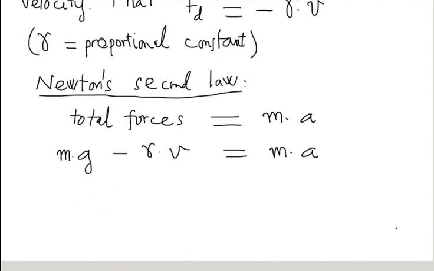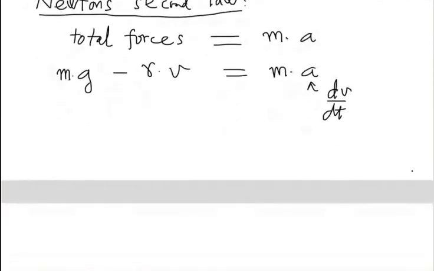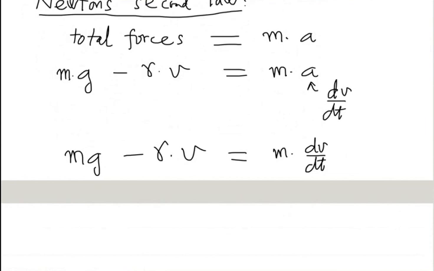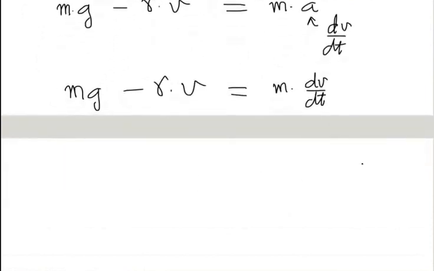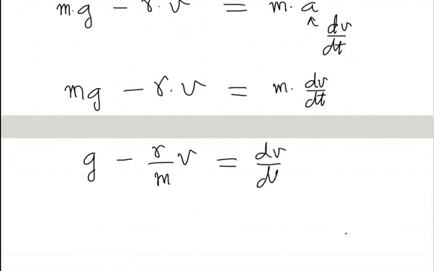But what is a? In terms of velocity, that's just the derivative, dv/dt. So we may rewrite the equation as mg minus gamma v equals m times dv/dt. Or let's divide everything by m. We will have g minus gamma over m times v equals dv/dt.